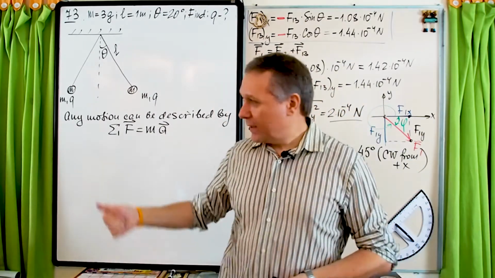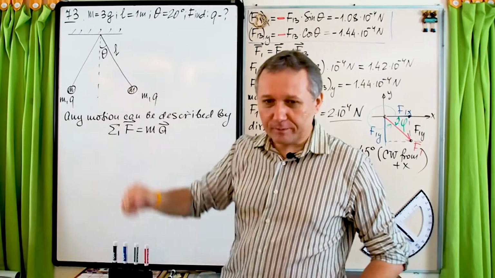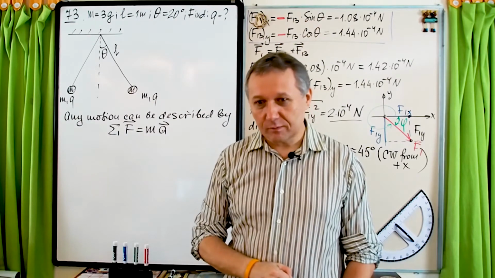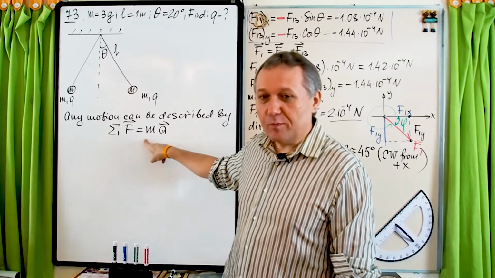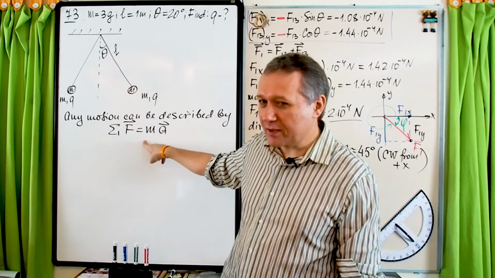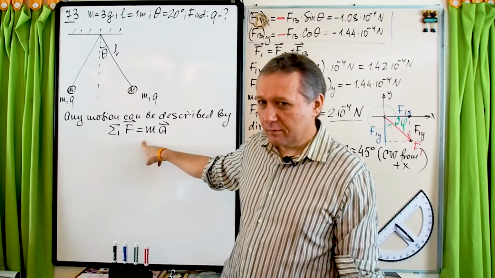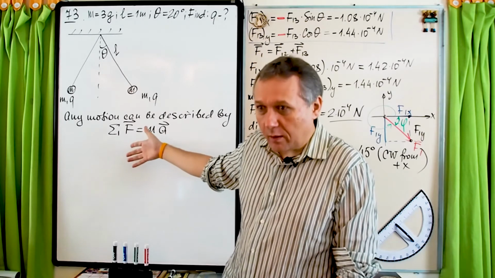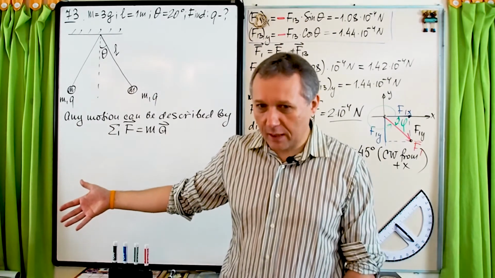Now, let's adjust to our case. In our case, do we have any motion? Of course not. Can this be used to describe a system which doesn't move? Why not? No motion, it's a special case of a motion, right?